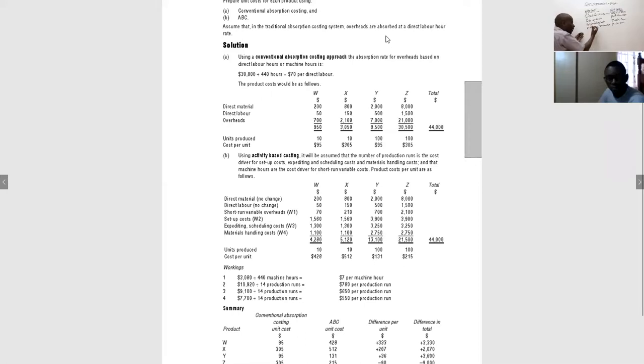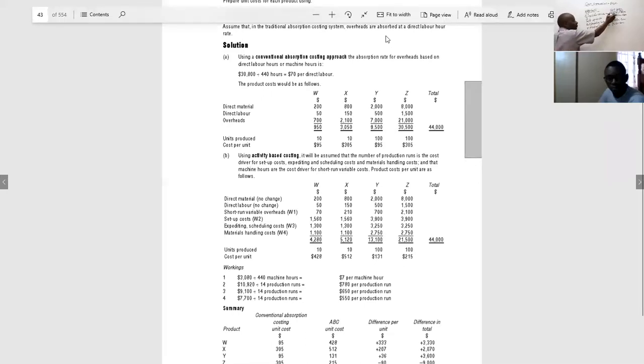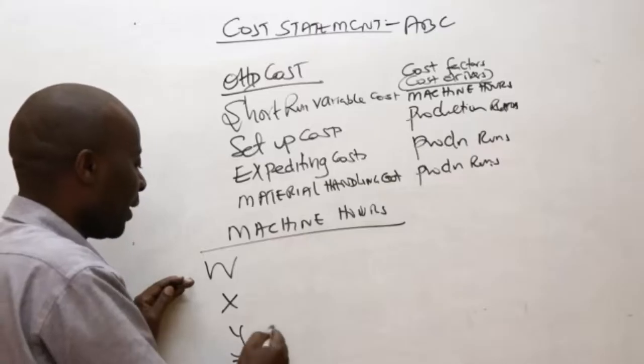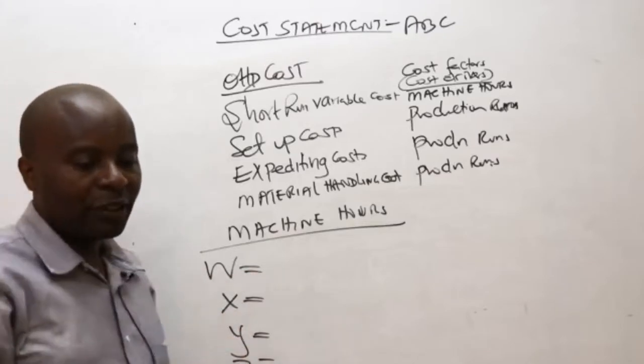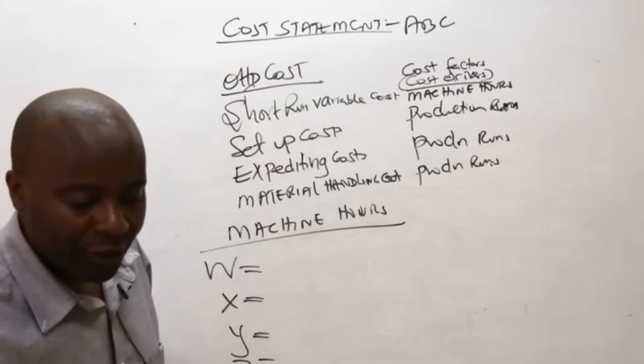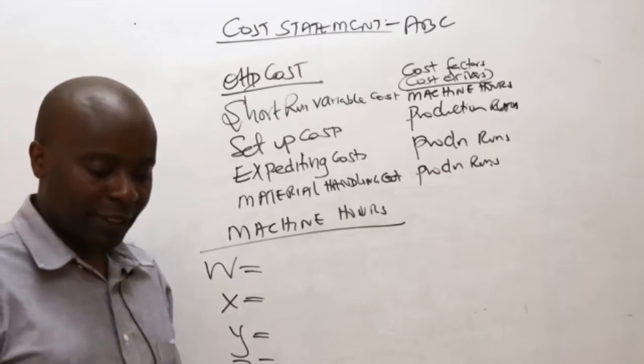To apportion it, we need to know the cost driver. The cost driver here, they are telling us, is the machine hours. So you need the machine hours for W, X, Y, and Z. We're going to give you a minute. Try that for us very fast.